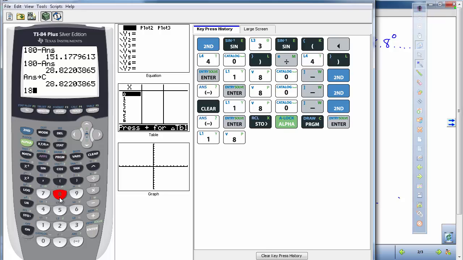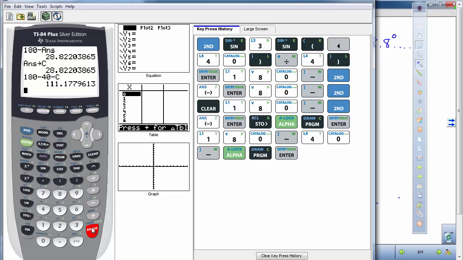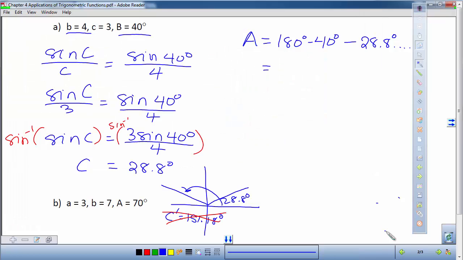So I want to do 180 minus 40 degrees, and then minus alpha C. And so we get A is 111.18 degrees, which was not that same thing, so that's fine. Although, again, when I use this in my calculation, I'm going to use all the bits and pieces. Is that what you all got? Okay, very good.